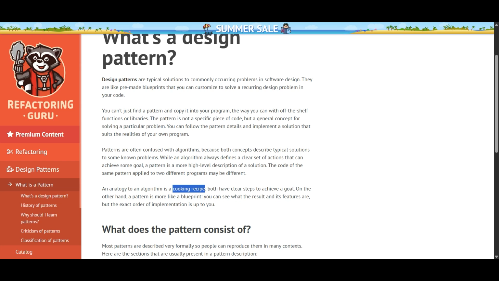Design patterns are like blueprints that you need to make some changes to in order to use them, and you cannot just copy them to solve your issue. And if you apply a design pattern into two different programs, the outcome might be different, and the changes are totally different.